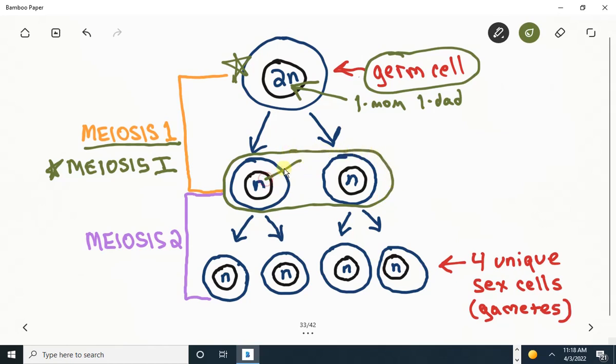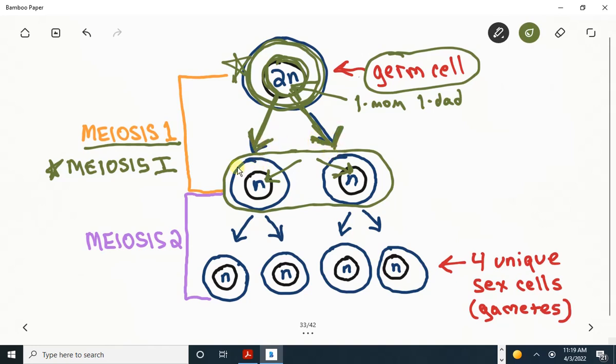Notice there's no 2 in here, it's just a plain old N. So when we go through meiosis 1, this germ cell up here, which has two sets of chromosomes, creates these two N cells, haploid cells, and that's going to split the two sets of chromosomes: one set of chromosomes is going to go into one cell, and another set of chromosomes is going to go into another cell.